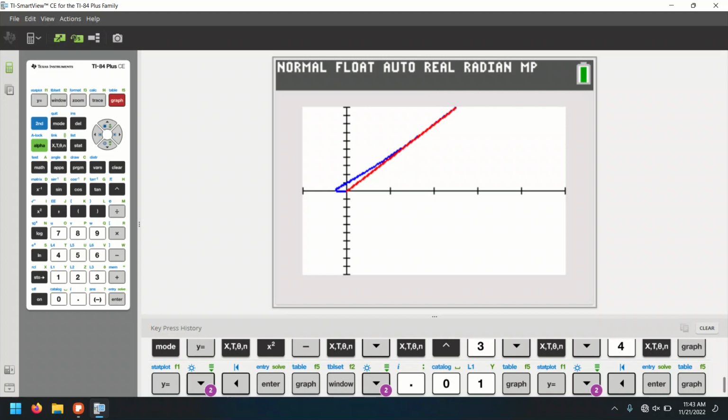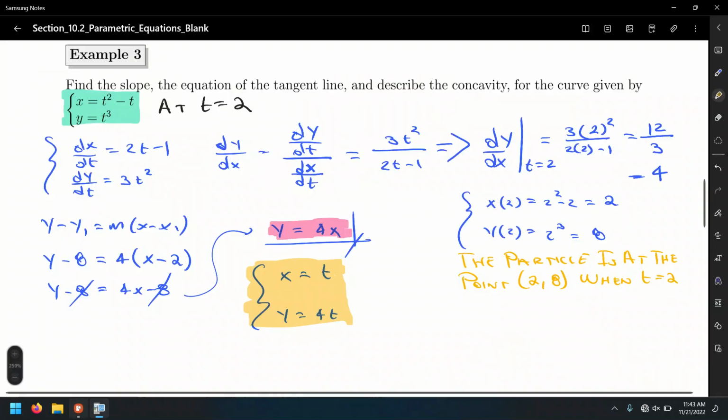So in this case, yes, we need to have either two parametric equations or two rectangular equations. And again, coming back to the example, there's no way we can eliminate the parameter so we can get a function of x. In fact, eliminating the parameter in the original equation would give us a function of y, which we cannot do in our graphing calculator.